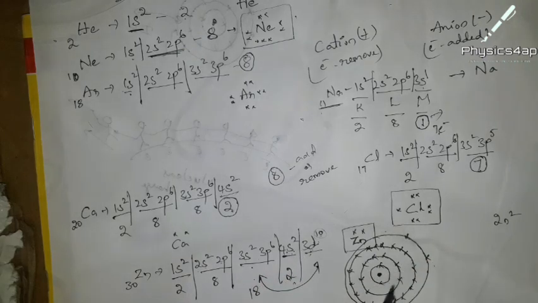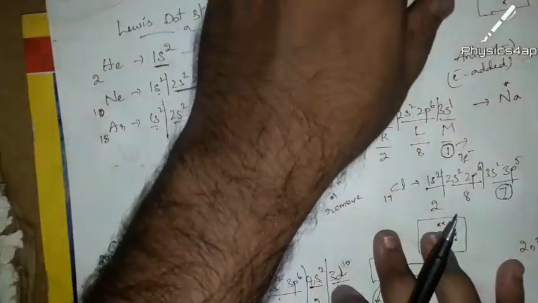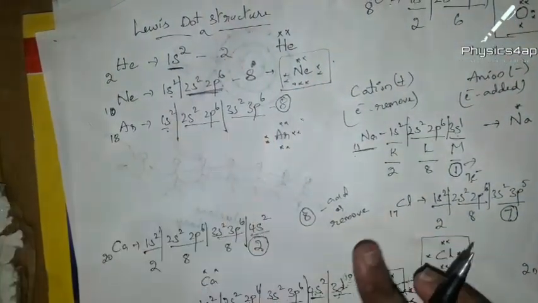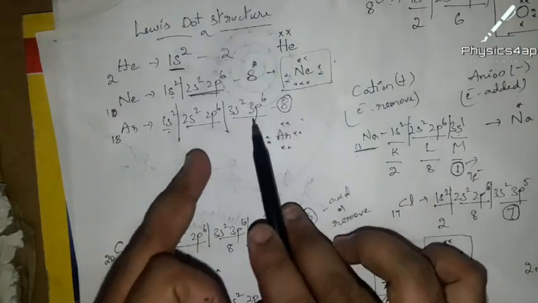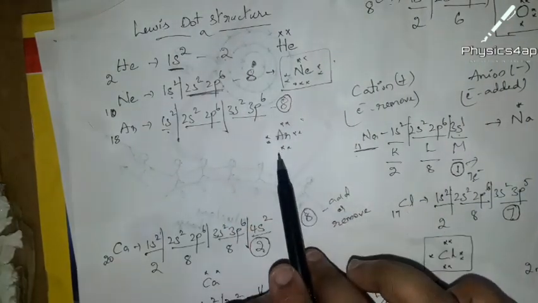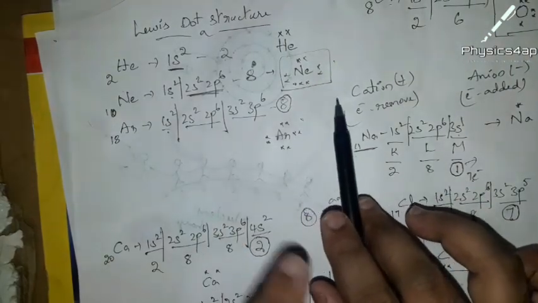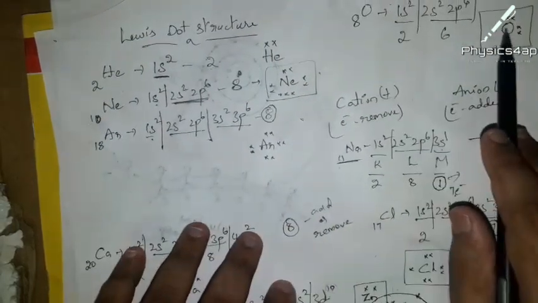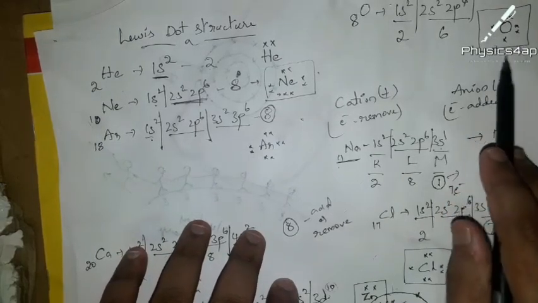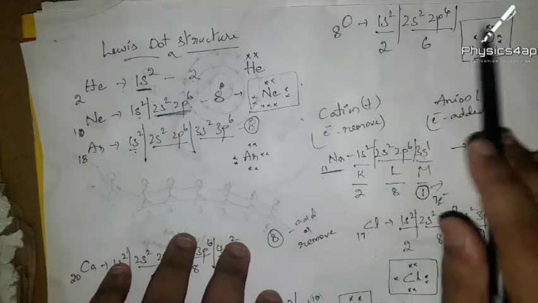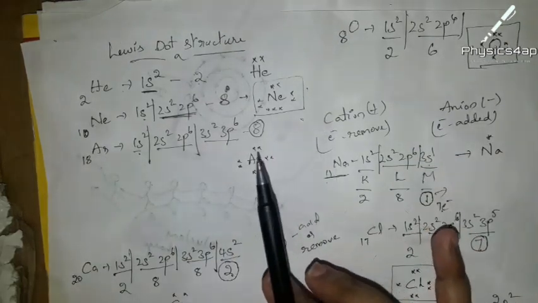So for drawing the Lewis dot structure, you need to remember the atomic number and the electronic configuration, and you have to see how many electrons are present in the outermost shell, and then represent them in dot form in a particular manner. That means first we place 1 2 3 4, then again fill 5 6 7 8. Is it clear? So this is about the Lewis dot structure.